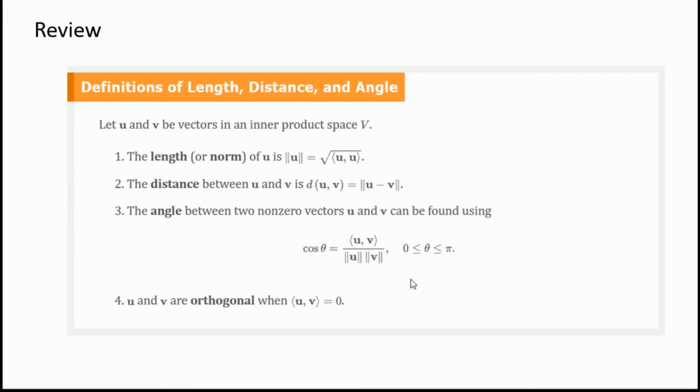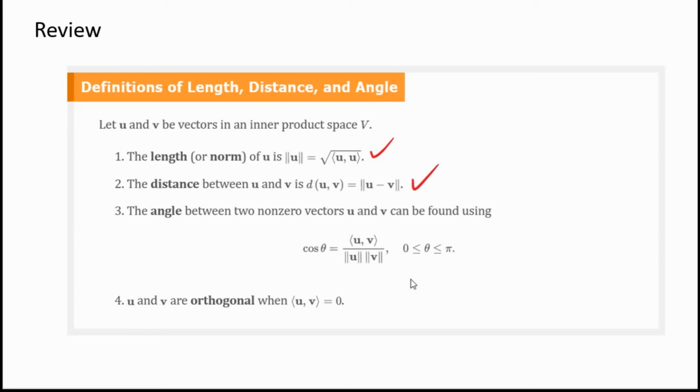So this is a review of what we looked at in the previous section in terms of the length, the distance, and the angle. There are a couple of problems here in this section where they ask you basically the same problem from before. I think the more we do these kinds of problems, the more it sticks with you. So let u and v be vectors in the inner product space V. The length or the norm or the magnitude of u is defined here. The norm of u is given there, and then the distance between u and v is given.